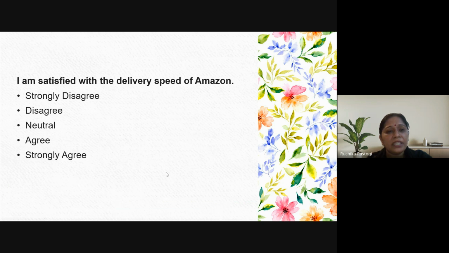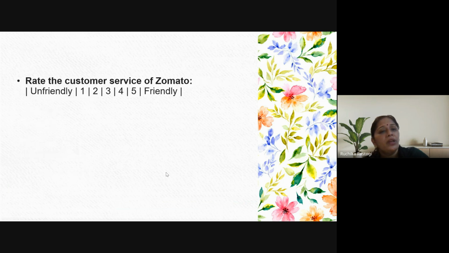Yes, what do you say? Likert scale, it's very easy. It is a 5-point Likert scale: strongly disagree, disagree, neutral, agree, and strongly agree.